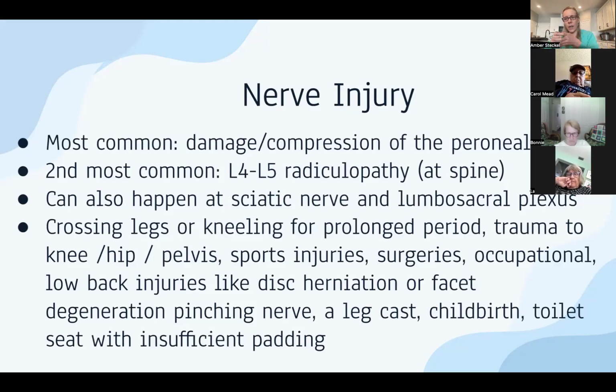Stenosis means narrowing. So if there's any bony overgrowths that are pressing on a nerve like that, it can also happen at the level of the sciatic nerve, the lumbosacral plexus.